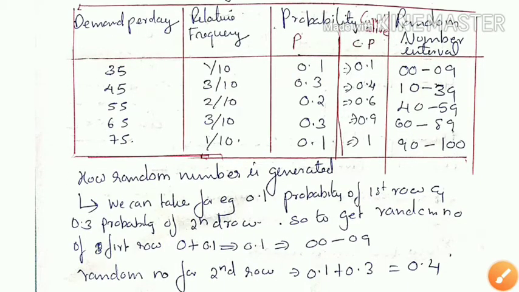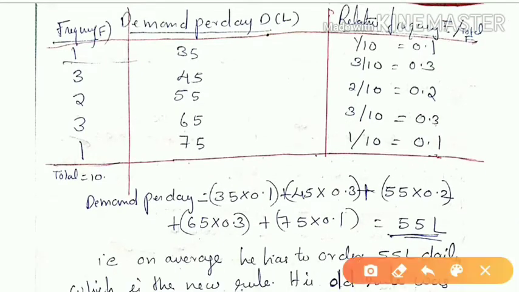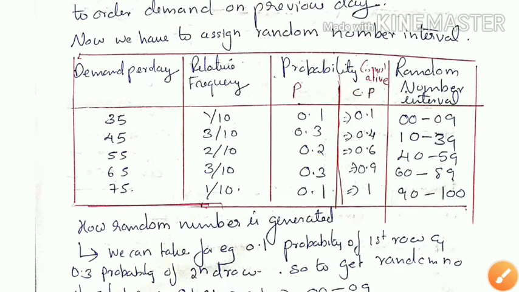Now, our demand per day in liters is 35, 45, 55, 65 and 75, and relative frequency we already saw here, that is 1 by 10, 3 by 10, 2 by 10, etc. So we wrote it again here. Next probability, we got it as 0.1, 0.3, 0.2, 0.3 and 0.1. Now cumulative probability we find from this probability chart.